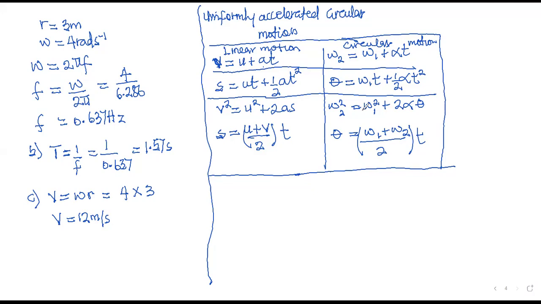What is the angular acceleration of an object in a circular path of radius 15 meter with a linear acceleration of 16 meter per second squared?